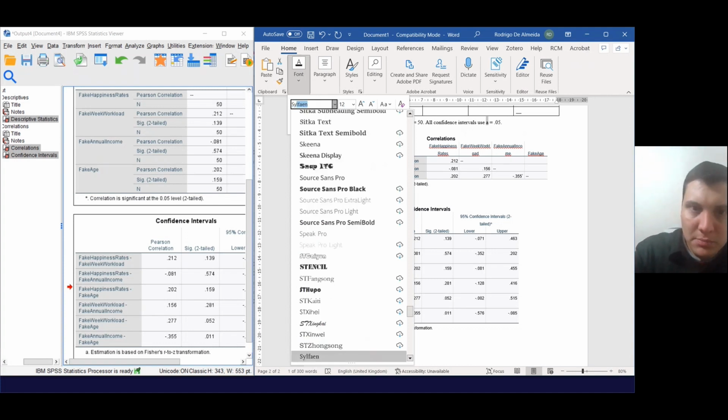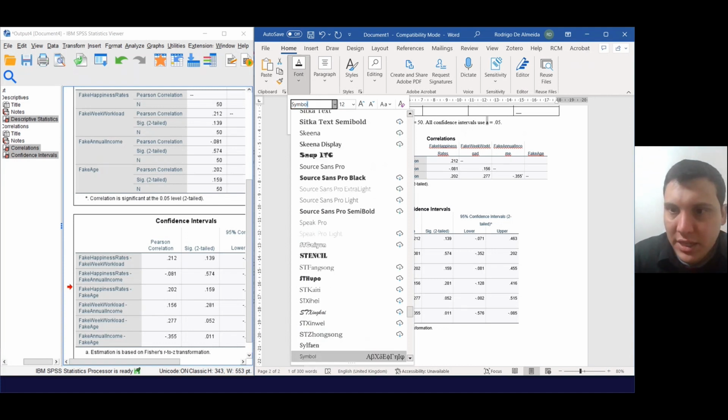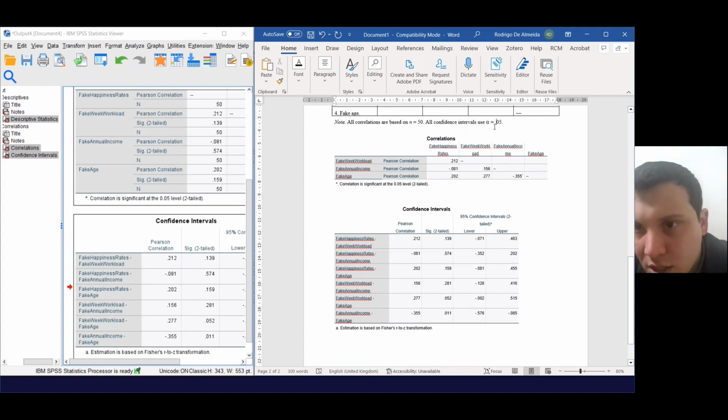This A, we can simply go to font and change the A to a font called symbol. If we do that, that A becomes an alpha, right?